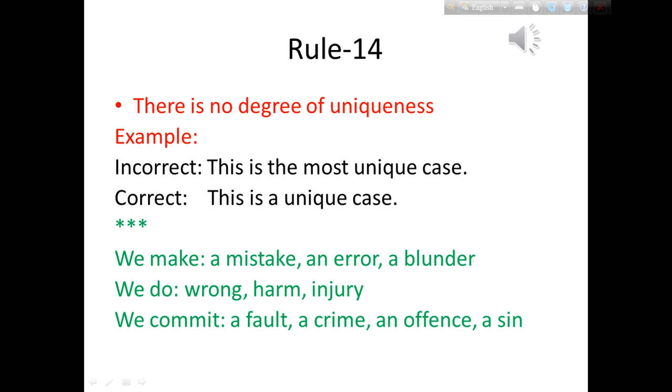So with the very word make, we have to use mistake, error and blunder. And we do wrong, harm and injury. And we commit a fault, a crime, an offense and a sin. So we have to remember this list and use it in accordance with the given rule.